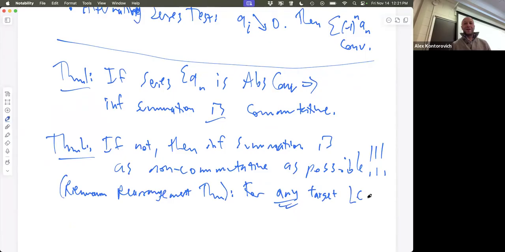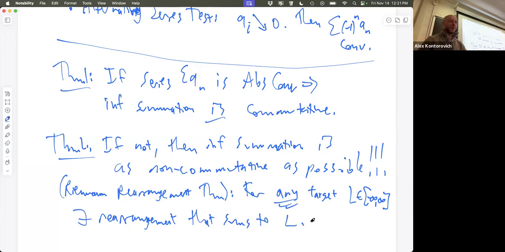Target L in minus infinity to infinity, including minus infinity or infinity. There exists a rearrangement, just swapping the order in which you sum the terms, that sums to L.